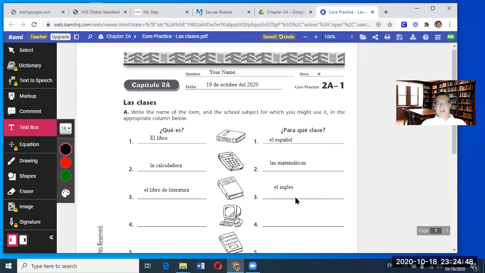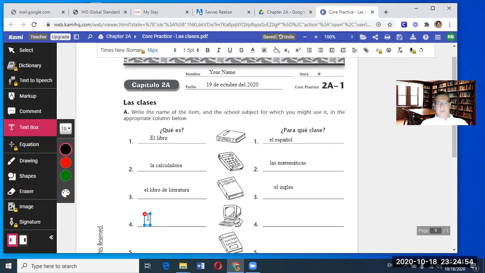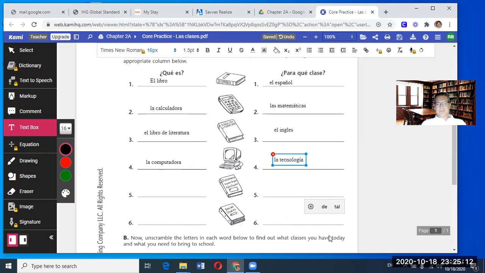English class. The computer. La computadora. What class do we need it for? La tecnología. Technology class.